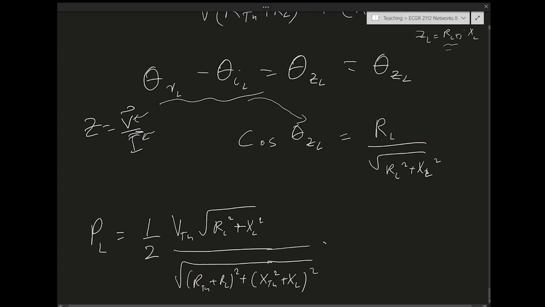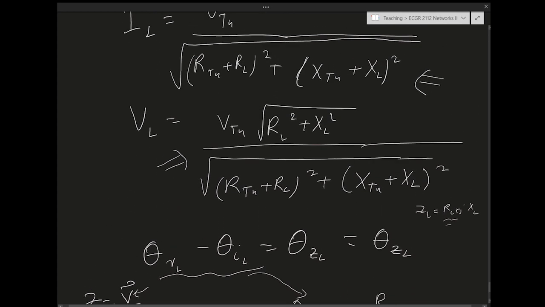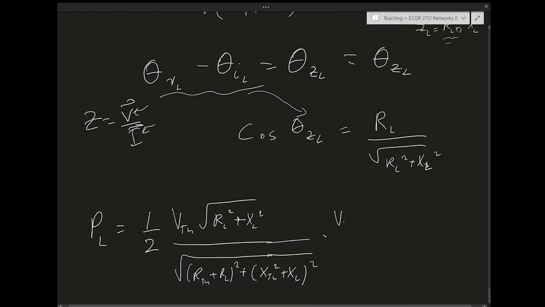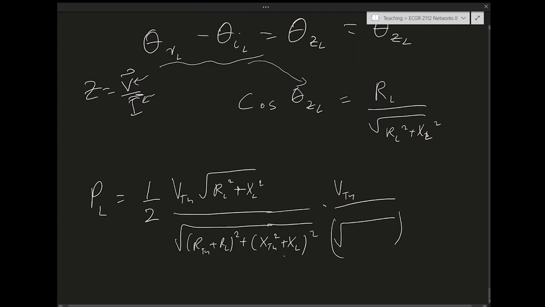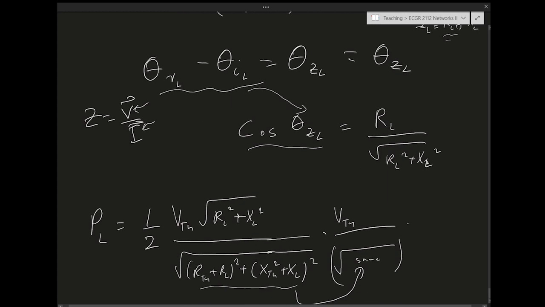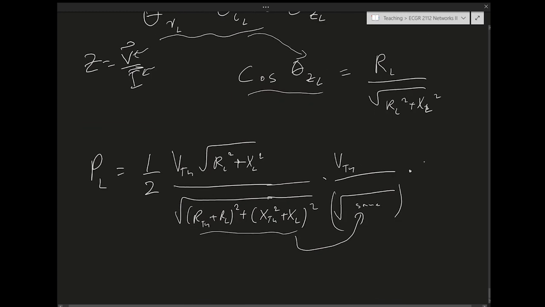And then this is VL, and then IL is this thing. So it's also going to be V Thevenin over the same thing. Right, so same. I don't want to write it down again. And then cosine theta VL minus theta IL, which is cosine theta ZL, is just going to be RL over the square root of RL squared plus XL squared.